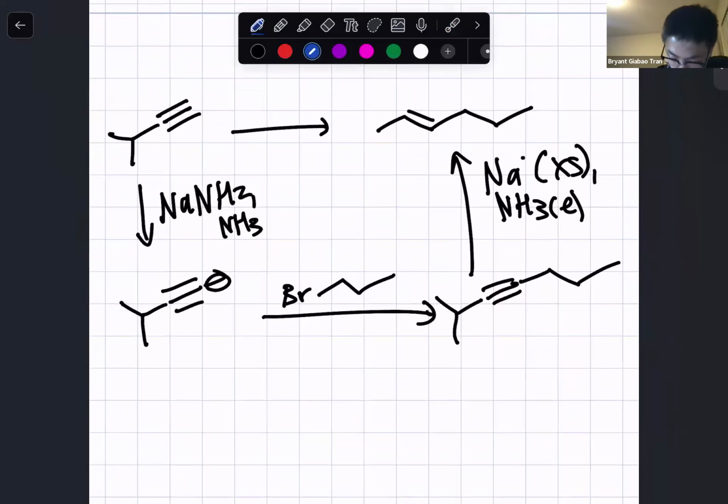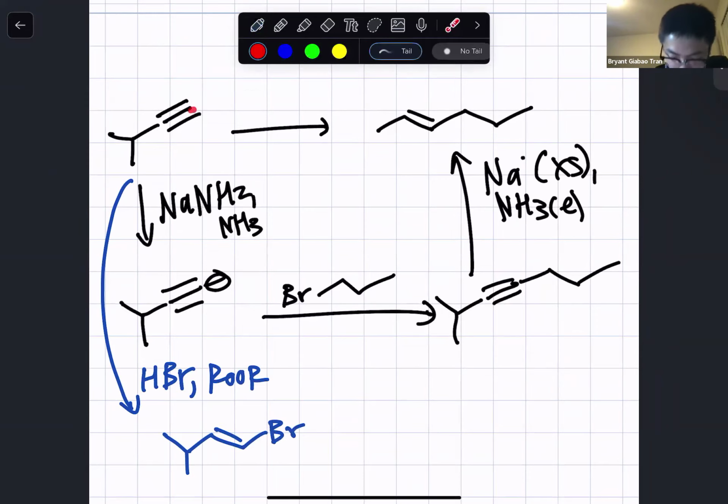You could do HBr and ROOR, which is anti-Markovnikov, which adds bromine to the less substituted carbon right there. And that makes this triple bond a double bond right there. And then you do Mg to make that into a Grignard reagent.